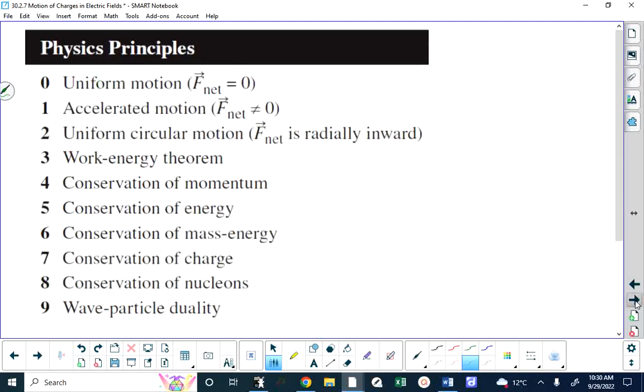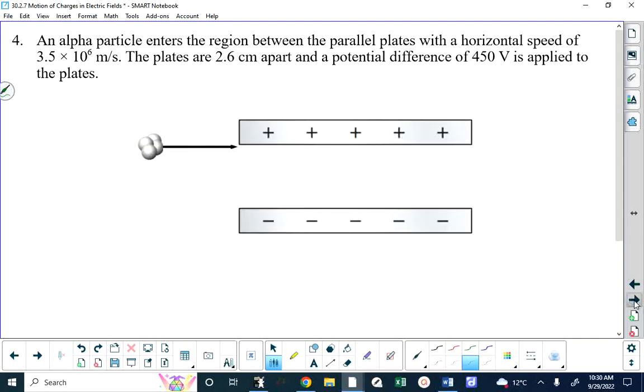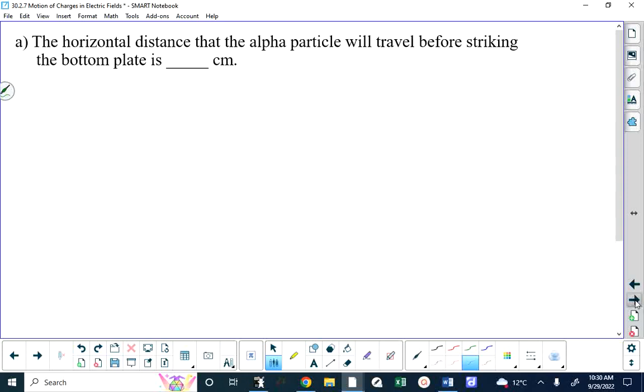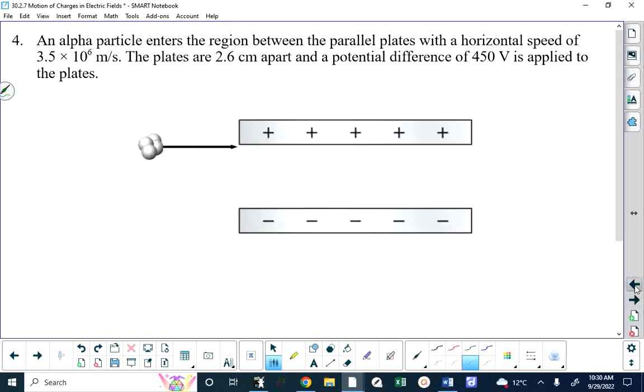If I were to take a look at this question, just briefly, we're not going to do it. You have an alpha particle, the plates are 2.6 centimeters apart, and you know the voltage. The question is, where does it land? What's the horizontal distance the alpha particle will travel?